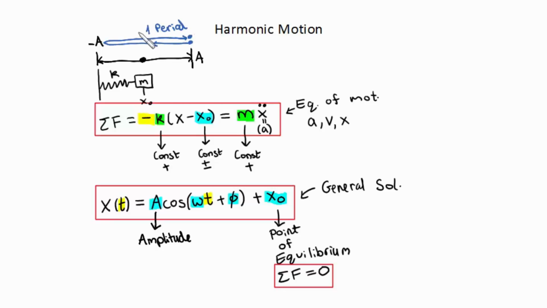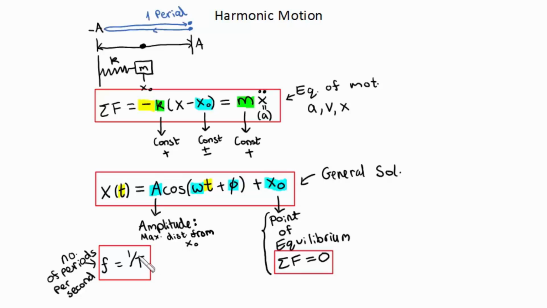So this blue line, starting from here and ending at the same point, is called 1 period. If that is 1 period, then we can say that my frequency is equal to 1 divided by T, which is my time for 1 period to be completed. So my frequency is the number of periods I have in 1 second.